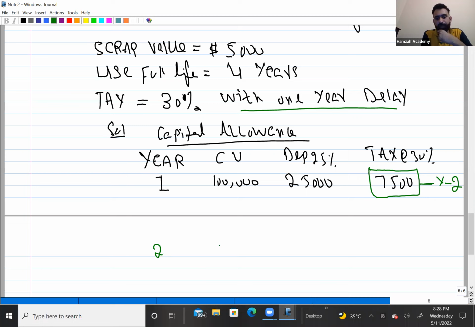So for year two capital allowance, the carrying value will be 75,000. Now please take 25% of 75,000.